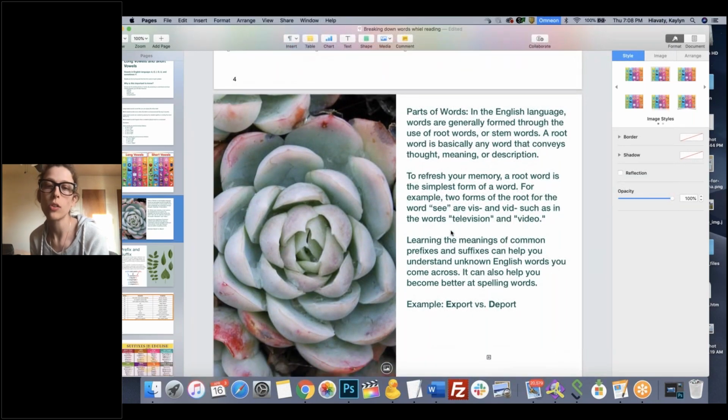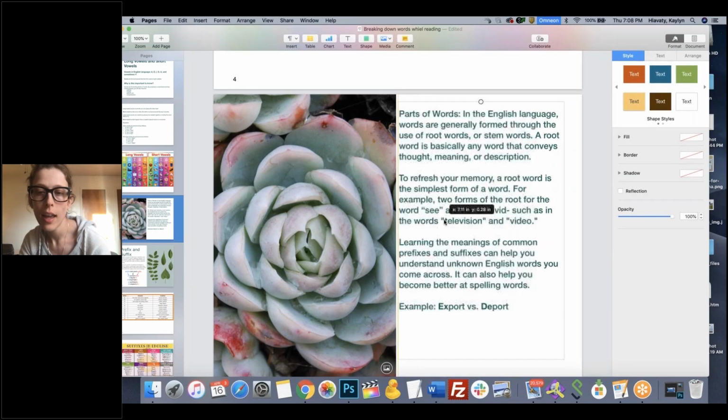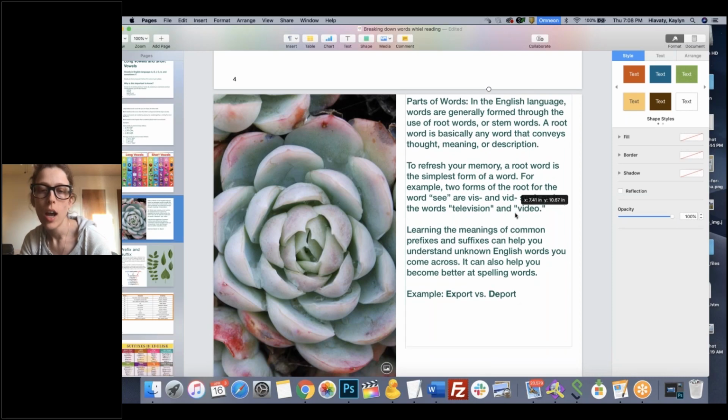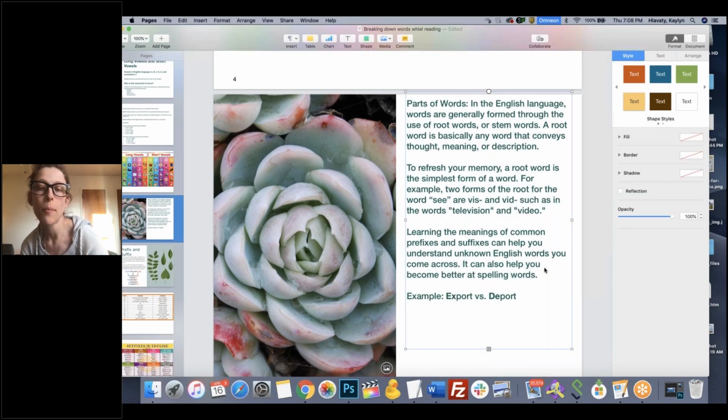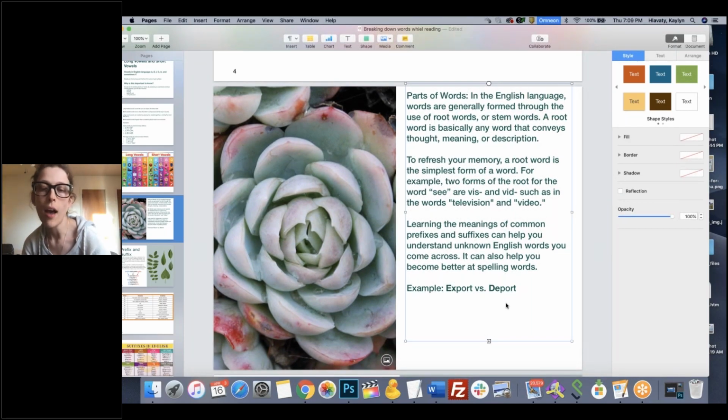For example, two forms of the root word see are vis and vid, such as in the words television and video. Learning the meanings of common prefixes and suffixes can help you understand unknown English words that you come across. An example here: we have the word export and deport.